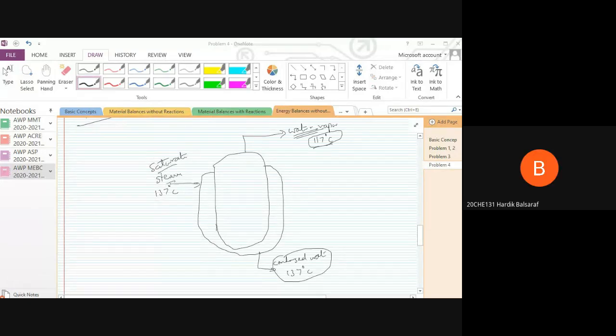Yes, sir. Water vapor at 117, sir. So instead of operating this evaporator at a total pressure of 760 mmHg, we operate it at lower temperature and lower pressure. Is that what you're saying? Yes, sir. Why is that? Why do you want to do that?